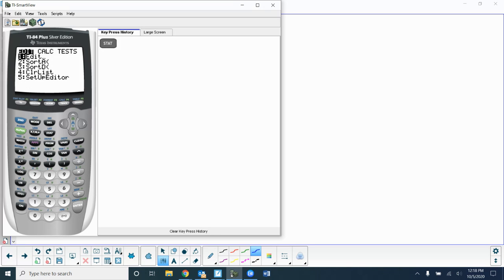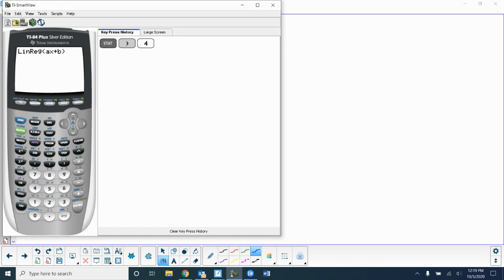But this time, instead of hitting enter, we're going to hit the right arrow key to highlight calc, the calculate menu. And these are called linear regressions, or regression lines. And that's number 4 on this list. So all I do is hit number 4. Some kids like to hit the down arrow key till the 4 is highlighted. It's your choice.